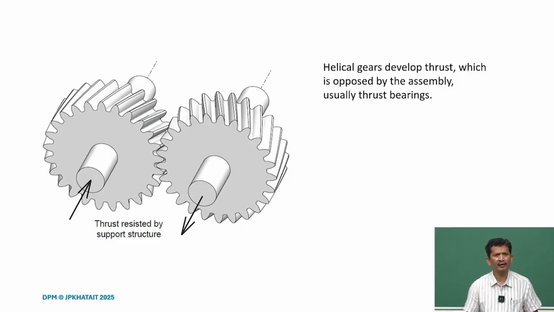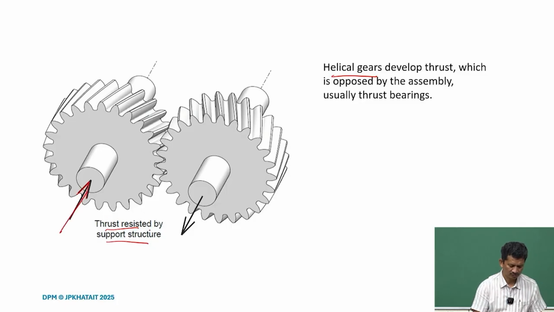In many applications, we use helical gears, and what we realize is that they develop thrust. This thrust will pass to the bearings through the shafts. So, now it's taking a very long route.